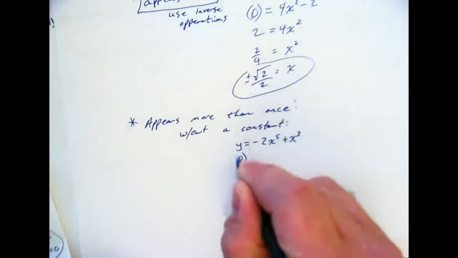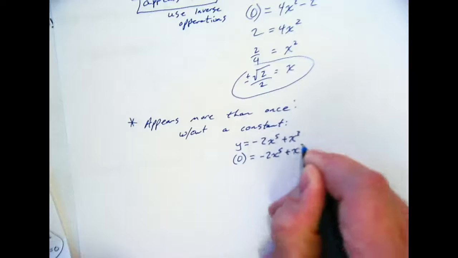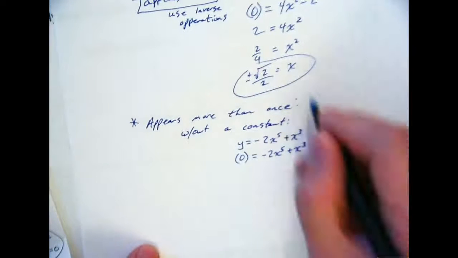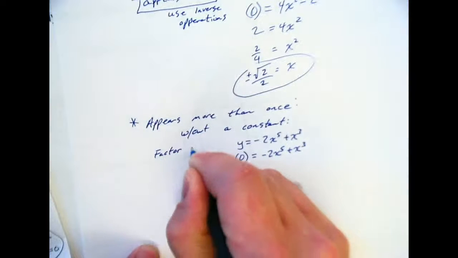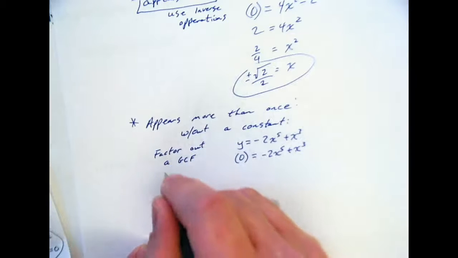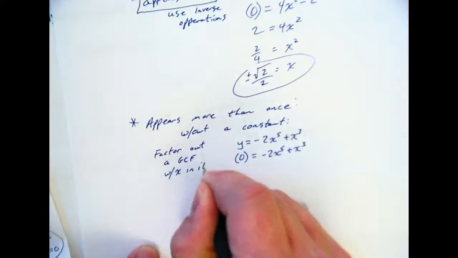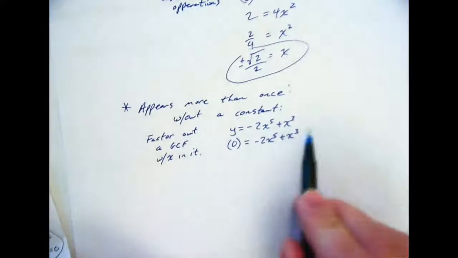You set that equal to 0. And at that point, you are using factoring. You're factoring out a greatest common factor. And that greatest common factor should contain x, because x appears in each term.